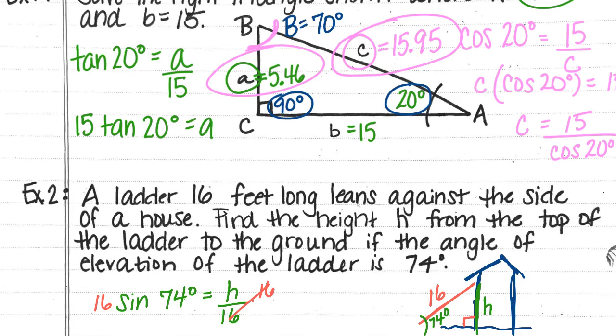And when I check this on my calculator, I get 15.4 feet. So the height from the top of the ladder to the ground, the height of the house, is 15.4 feet.